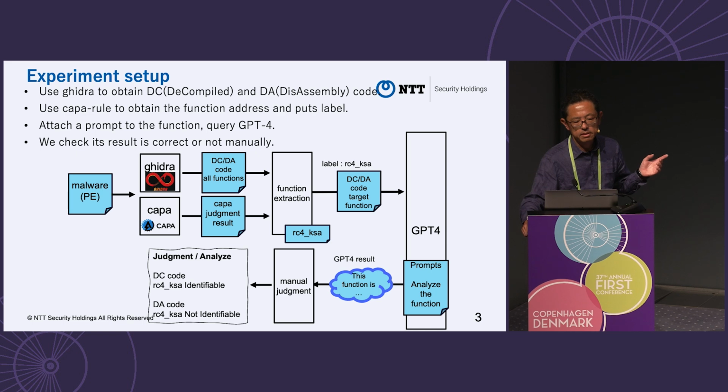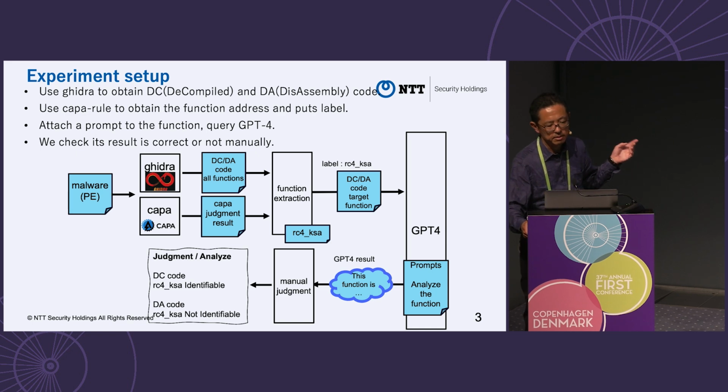So in this picture, the label is the RC4 KSA algorithm. After that, we attach the prompt to the function and query GPT-4. Finally, after we get a result, we check manually whether it is correct or not.